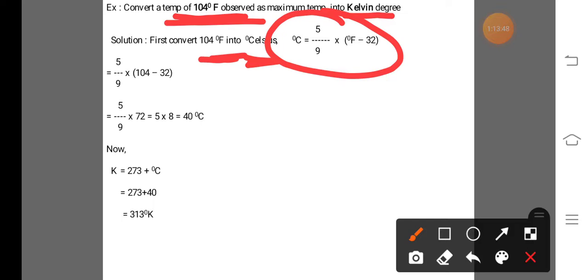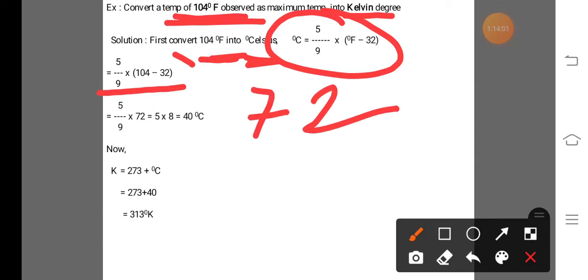So next step, 5 by 9 into bracket 104 minus 32. Next step, here subtract 104 minus 32, that means 72 is obtained. That means next step is 5 by 9 into 72 and solve this.